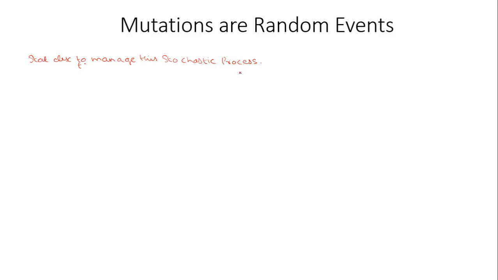Now, if you want to model this random mutation event, then we must have certain statistical or mathematical description using which we can implement this concept into our algorithm or in our evolutionary model. Here onwards, we will try and understand the mathematical framework to model this process.